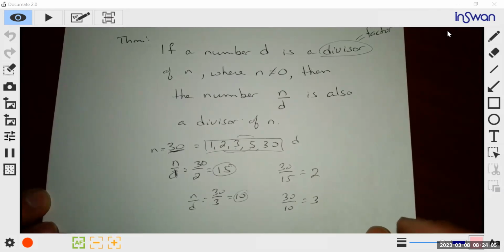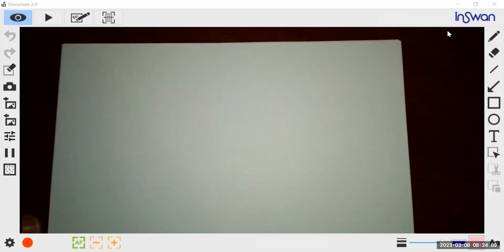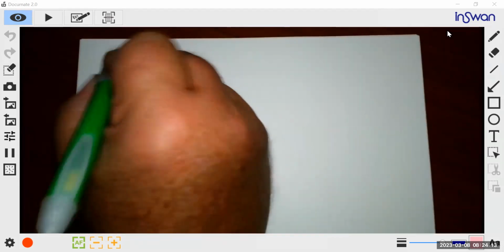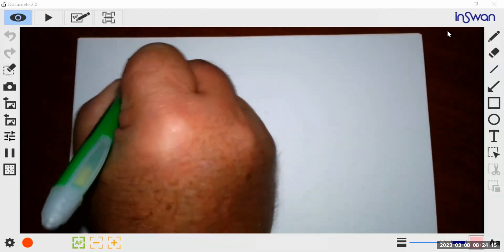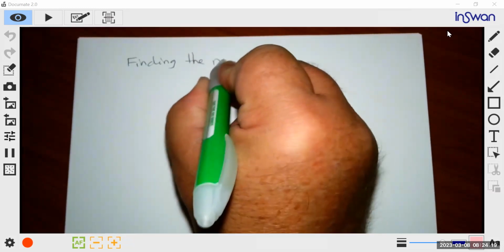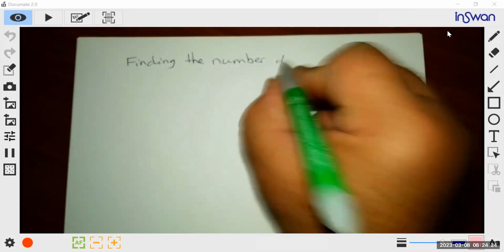Now, let's find the number of them. I had the yellow lines up there. All right. Finding the number of divisors.